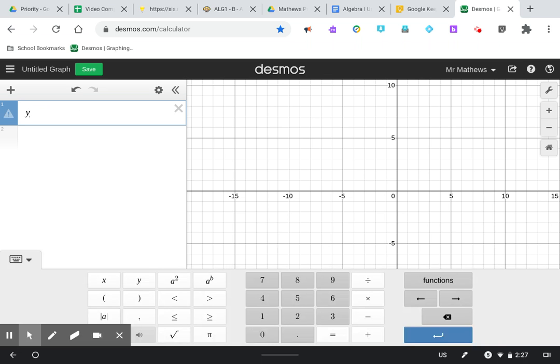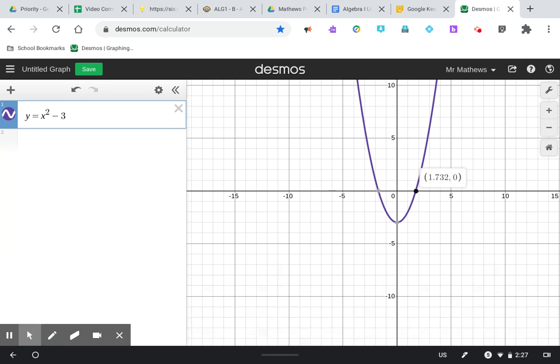So for instance, we might have y equals x squared minus 3. Well, looking at that, I have x-intercepts here and here. Now, those are obviously decimal answers, but you can see how they have x-intercepts in these two spots. Again, also known as roots, also known as intercepts.